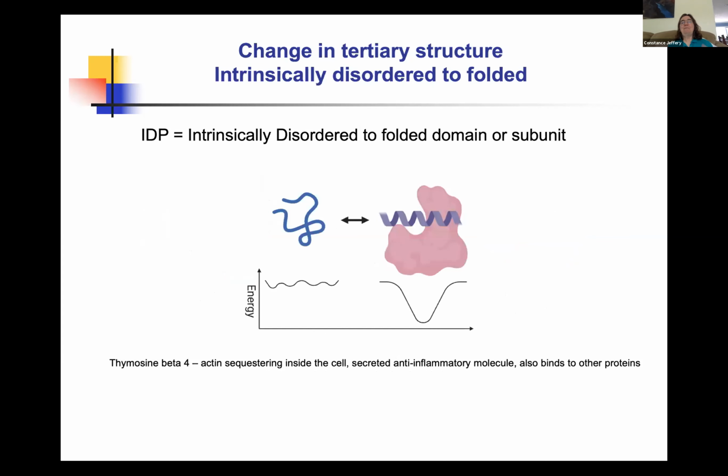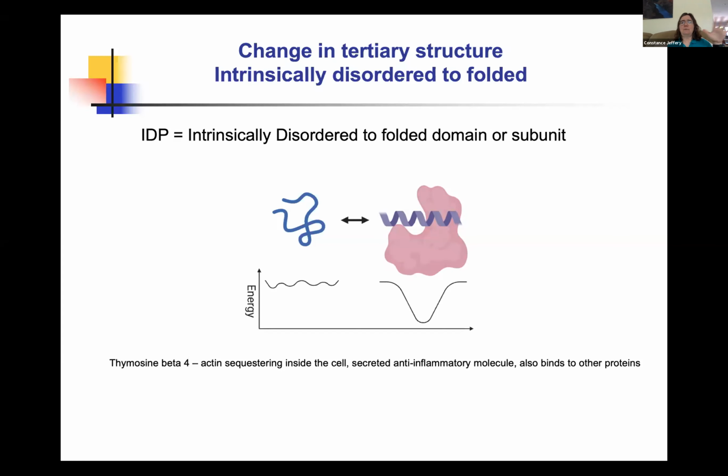We can have even bigger changes in the structure of a subunit when we consider some of the intrinsically disordered proteins that are moonlighting proteins. So the intrinsically disordered proteins don't have a single tertiary structure in the cytoplasm.